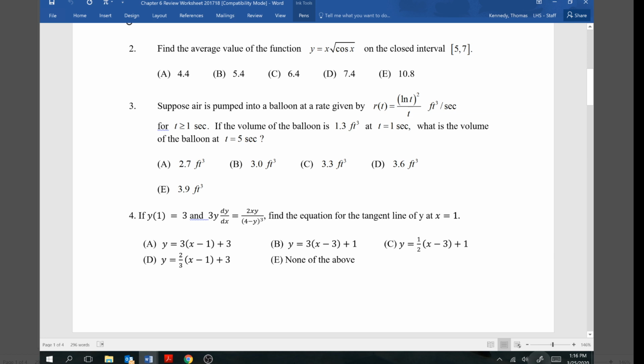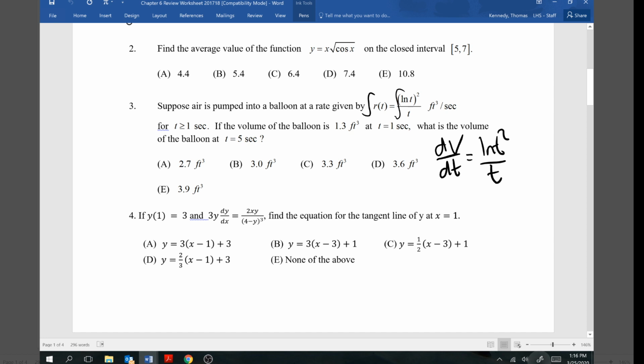All right, so this is a rate question. If we integrate this rate, we're going to get volume. I can rewrite r as dV/dt because it's the rate of change of the volume with respect to time.